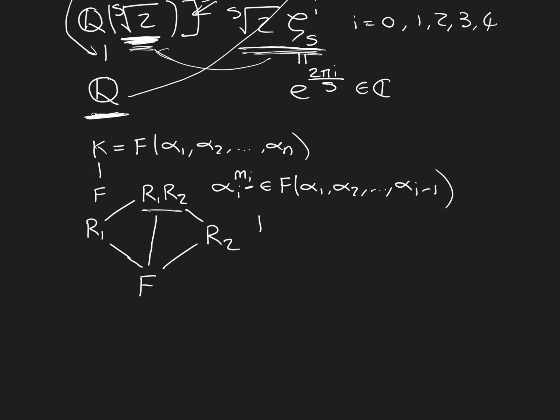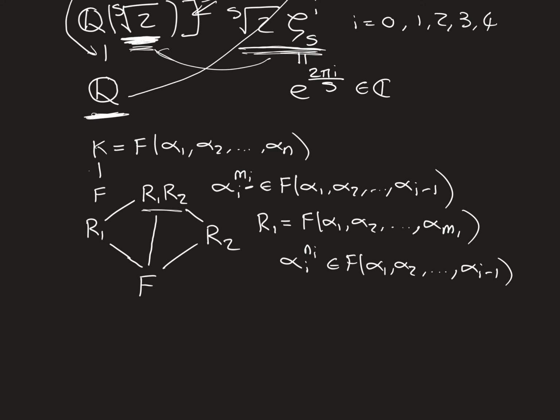It's easy. So we say R1 is going to be F adjoin some alpha 1, alpha 2, all the way up to alpha, let's call it m1. So this is just the definition of R1 being a radical extension, and it's the case that alpha i to the power of n_i is an element of F adjoin alpha 1, alpha 2, all the way up to alpha i minus 1.